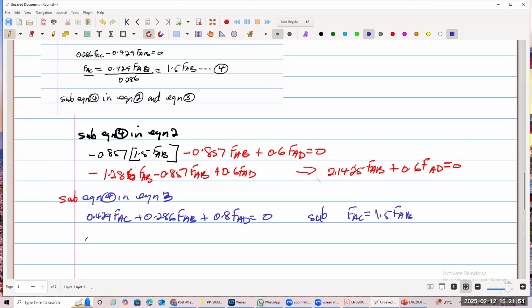So right here we have 0.429, open bracket, put 1.5 FAB, close bracket, plus 0.286 FAB, plus 0.8 FAD equals 0.